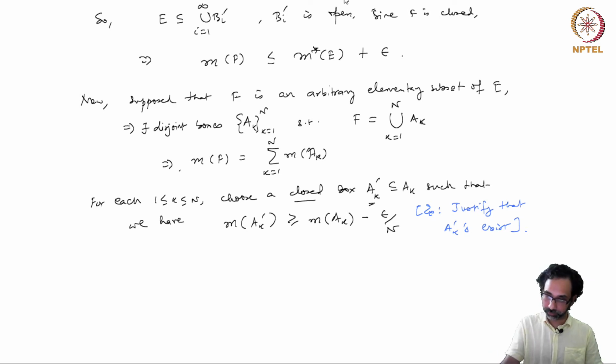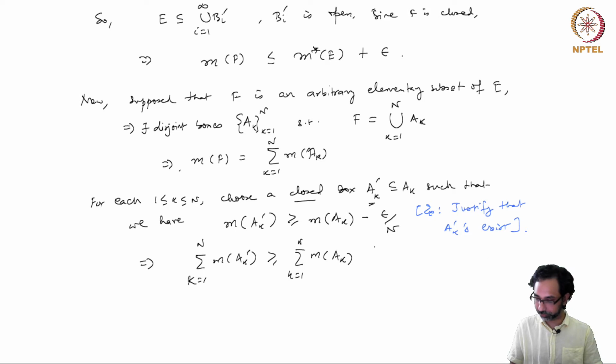So now this implies that the sum k equal to 1 to N of m(Ak prime) is greater than or equal to the sum k equal to 1 to N of m(Ak) minus epsilon, because there are N terms, so we just get epsilon. So the right hand side is nothing but m(F) minus epsilon.